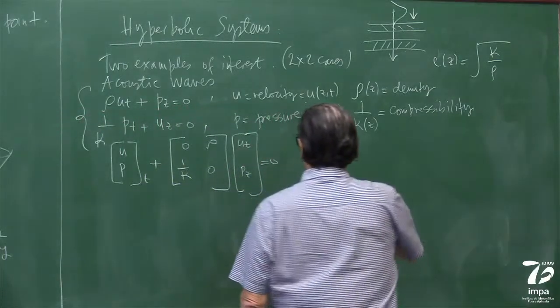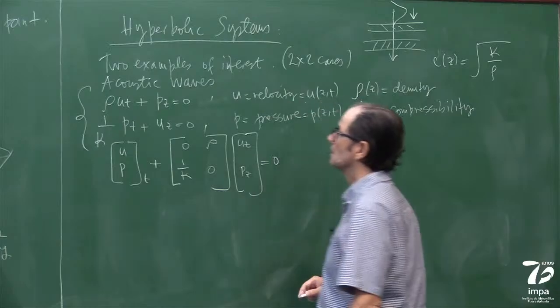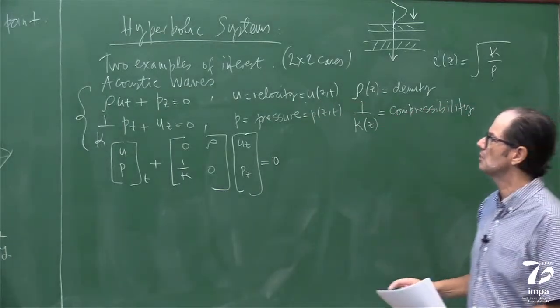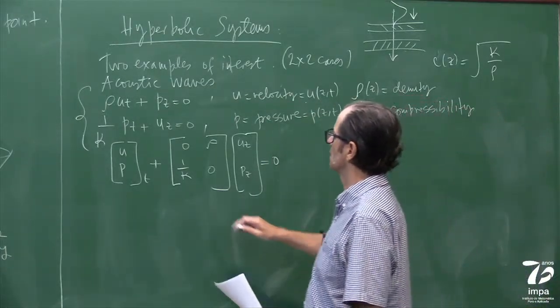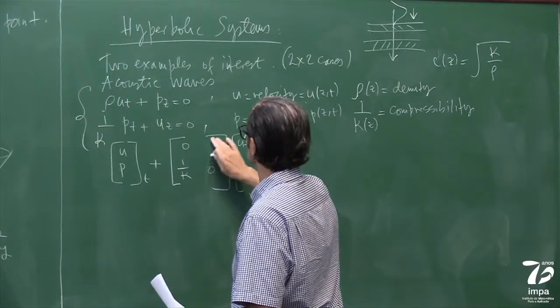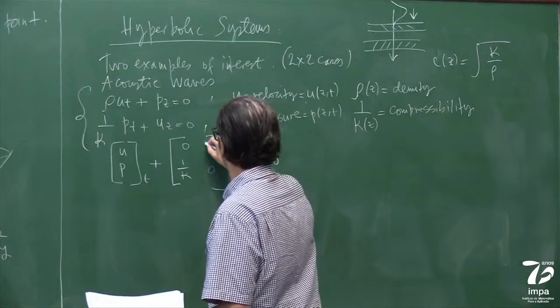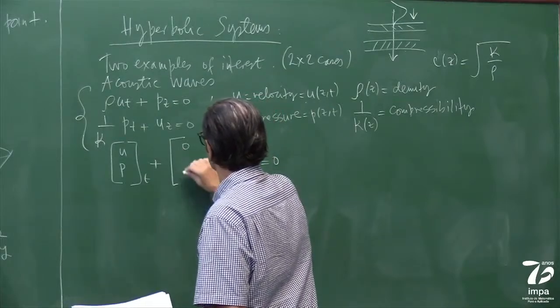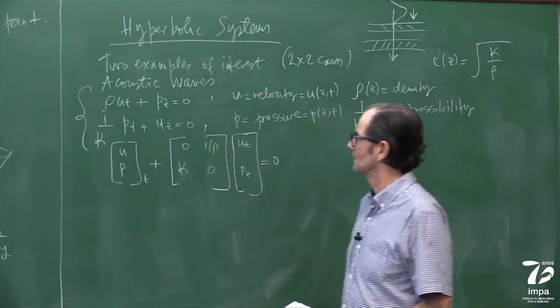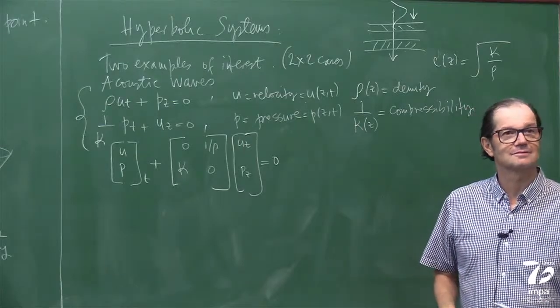So if I did everything right, this is written in matrix form. No, here would be kappa. So I wrote this wrong. If I make a mistake, help me, okay? Now it's right, right?